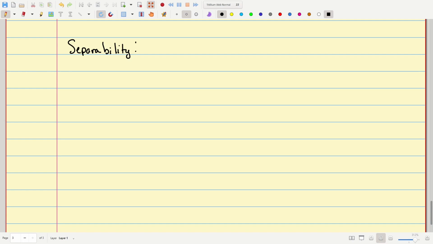So separability has to do with the way that integrals are constructed. Okay, if I'm integrating over a rectangle and I have an integrand, but it happens to be the case that my integrand can be written as a product, and in that product, each of my variables are isolated.